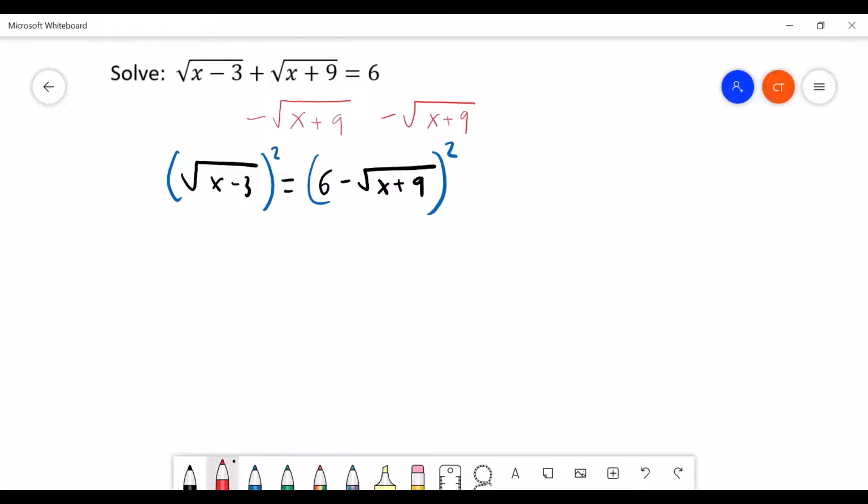On the left side, the square root and the square cancel, leaving you with just x minus 3. On the right side, we have the quantity of 6 minus the square root of x plus 9, all of which is squared. So when something is squared, that means it's multiplied by itself.